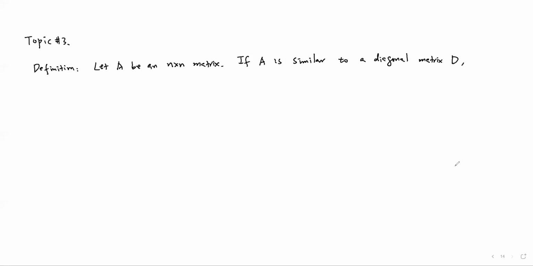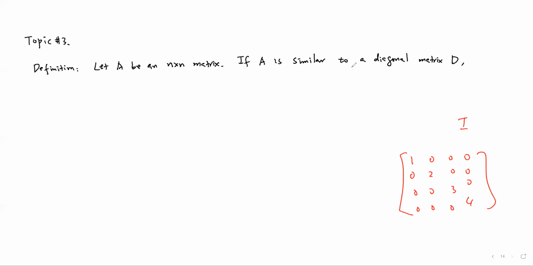What is a diagonal matrix? Say for example, 1, 2, 3, 4, and zeros elsewhere. This is a diagonal matrix. Identity matrix is a diagonal matrix.